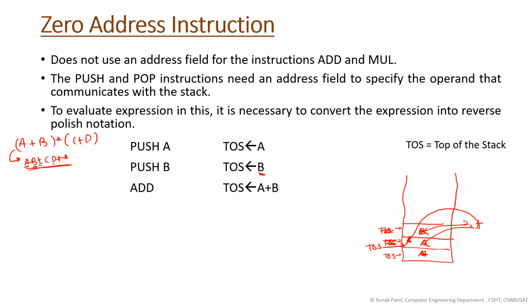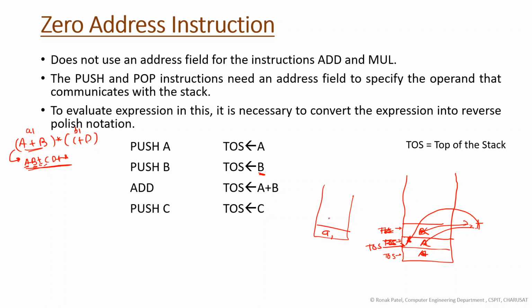Then push C, right? So right now your content is, this result I am indicating as, let's say, small a1 and this is small b1, whatever result you have. So now it's a1, b plus a.